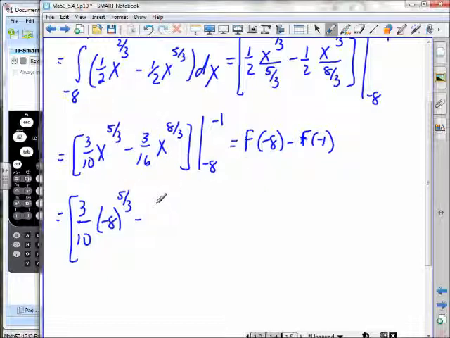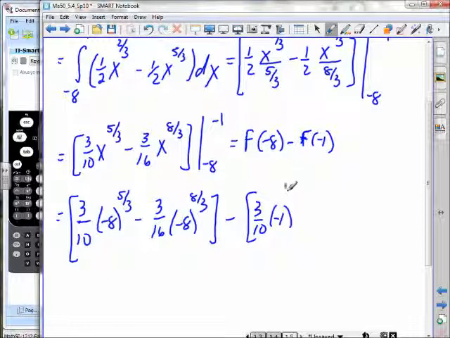And so we have to say 3/10 times -8 to the 5/3 power minus 3/16 times -8 to the 8/3 power, minus, and now go through the whole antiderivative function with -1. So it's 3/10 times -1 to the 5/3 minus 3/16 times -1 to the 8/3.